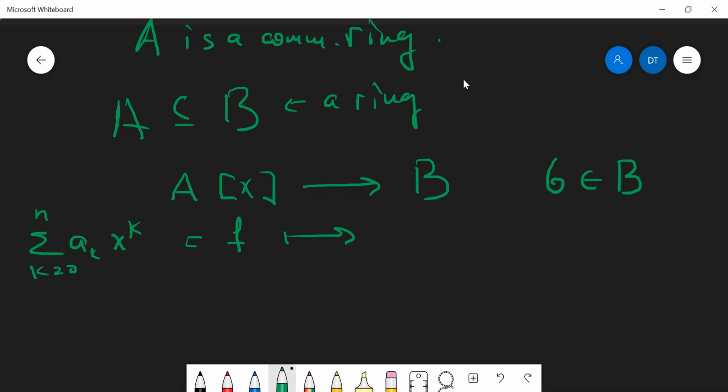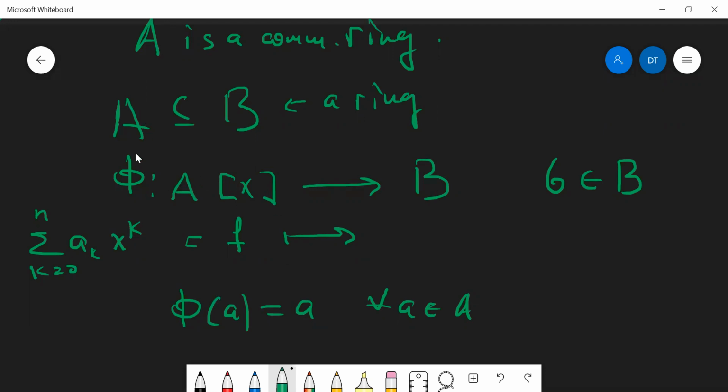Oh, by the way, I want to describe all possible homomorphisms such that for any element a of the ring A, so for any element from the subring, we take this element to itself. So we act trivially on this subring. We want to map all coefficients exactly to this subring by the identity map.